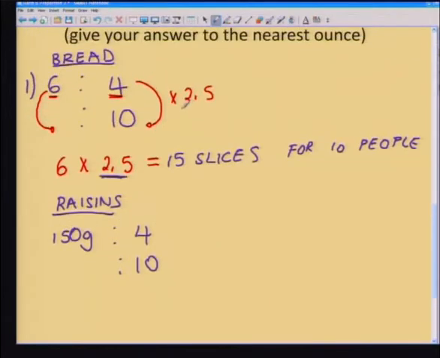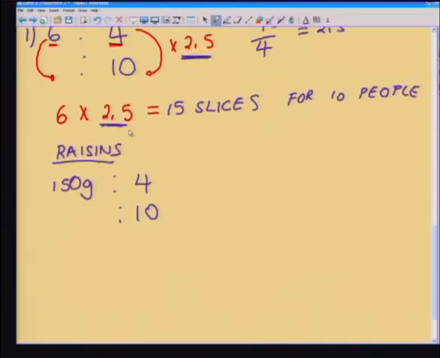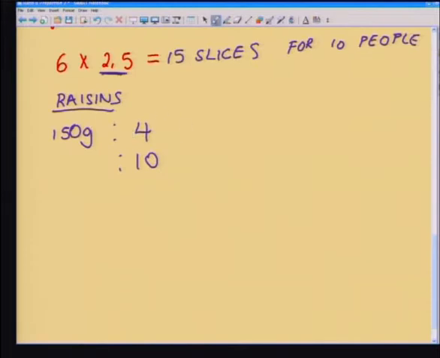How we get this factor, in case you're wondering or if you're not sure about your multiplication, I got this 2,5 by saying 10 divided by 4. That gives me an answer of 2,5, and that tells me what I've got to times 4 by to get to the 10. So the same factor here. To get from 4 to 10, I multiply by 2,5. So I must do the same thing to 150 grams of raisins.